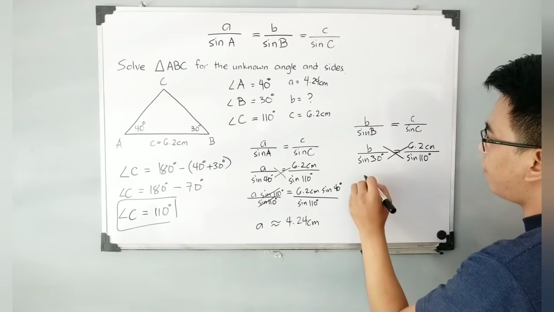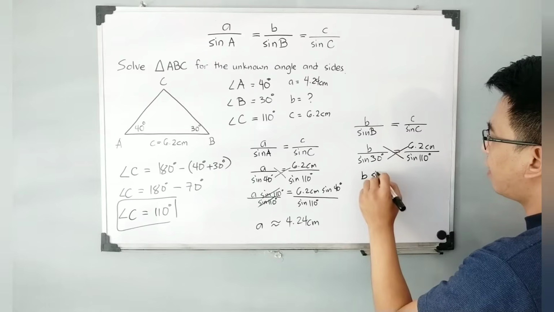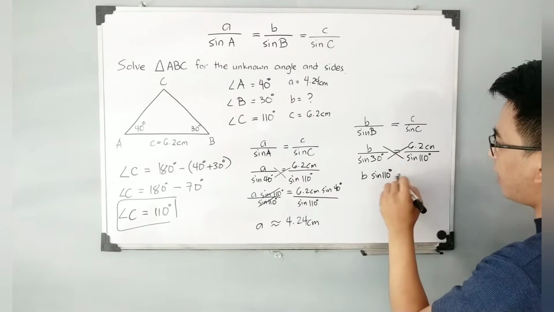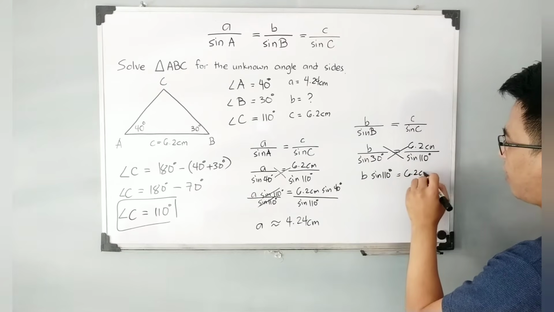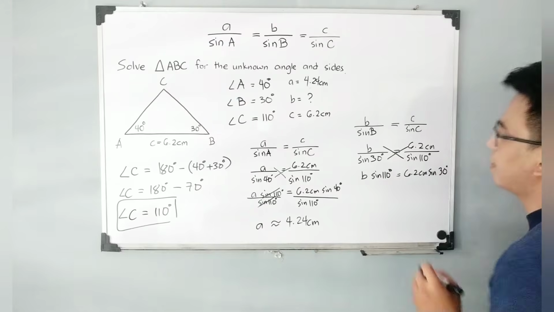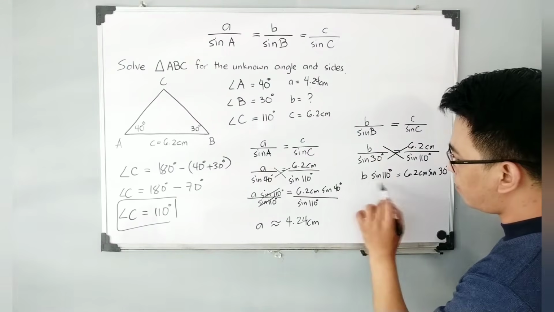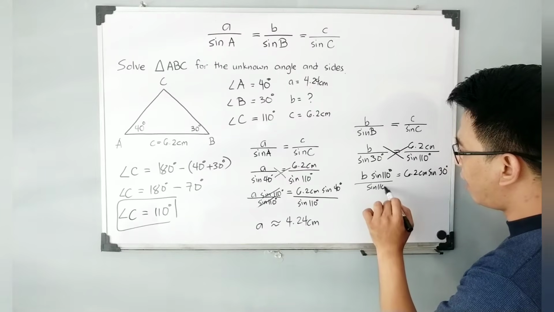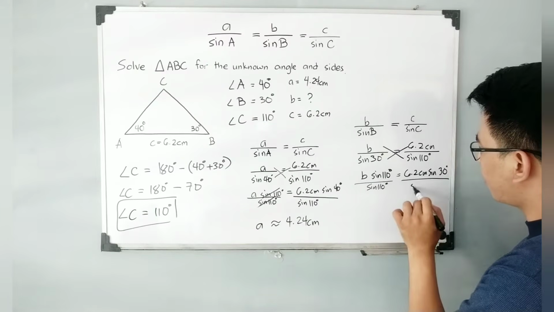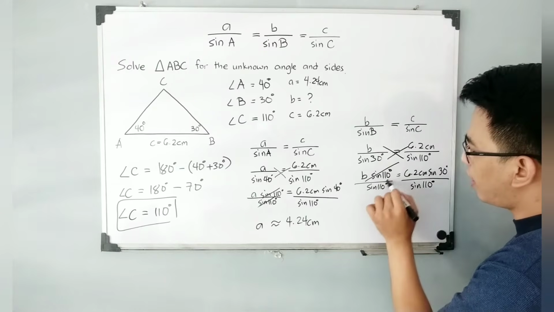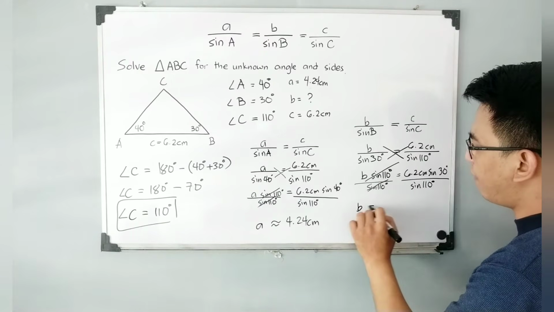It will give you B sine 110 degrees is equal to this one, 6.2 centimeters sine 30 degrees. Okay? So target natin is to find B. So we need to eliminate sine 110. Sine 110 degrees over sine 110 degrees. You can cancel out this one, and then you have your B.